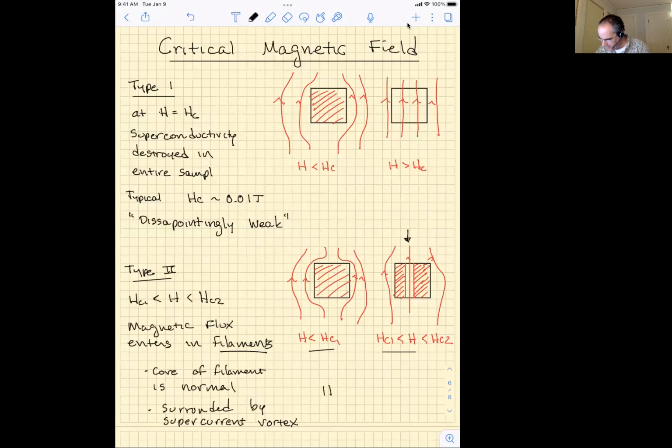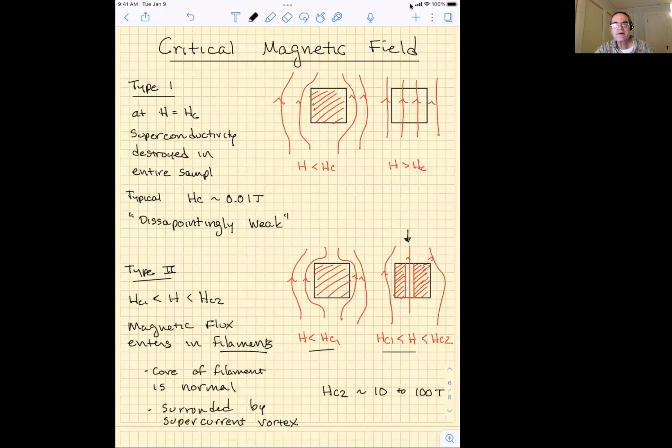And what's important about this is the following. This behavior will persist up to a second critical field, and then at that point, superconductivity is completely destroyed. But the second critical field, the higher critical field, is typically on the order of 10 to 100 Tesla. So much, much, much higher. And so materials that are type 2 superconductors can be the basis of superconducting magnets.